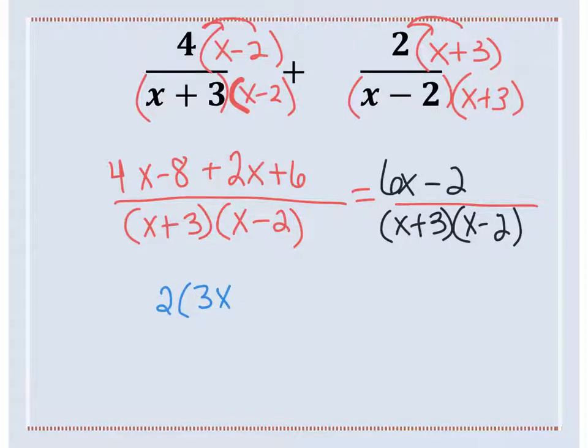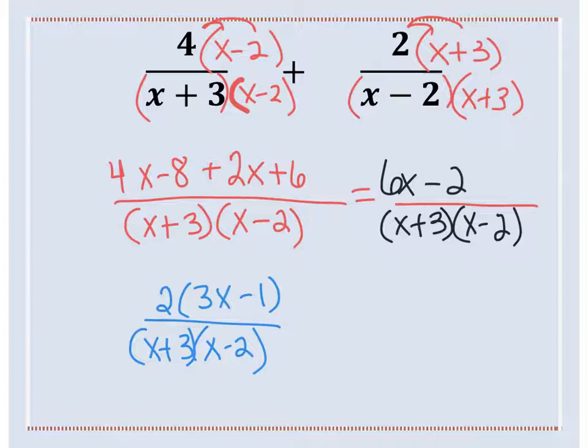Negative 2 divided by 2 is negative 1. And I bring over my denominator. Since I have no common factors on the numerator and denominator, that is my final answer.